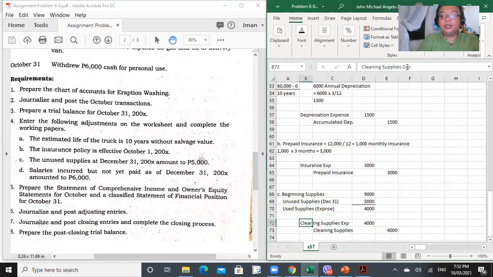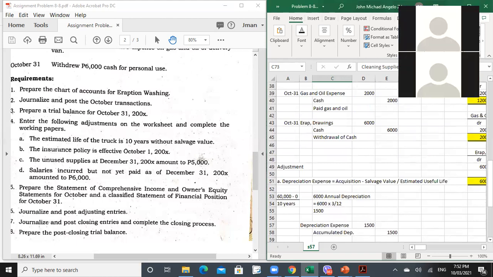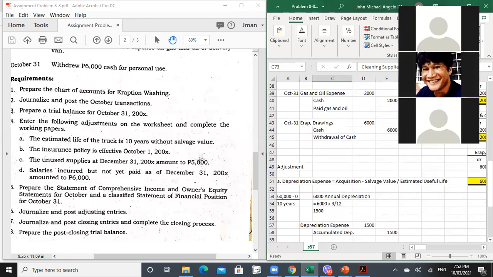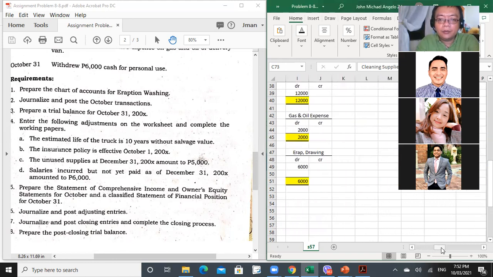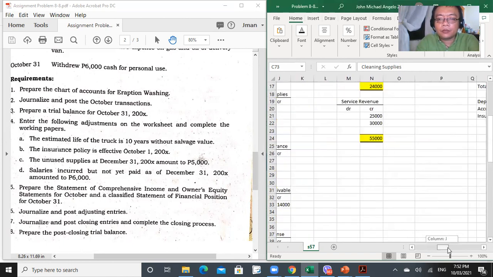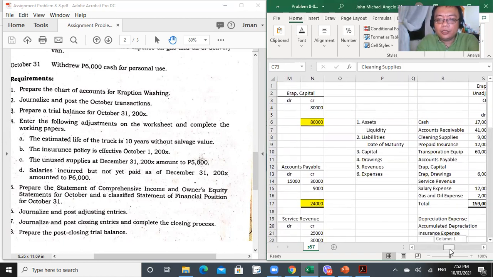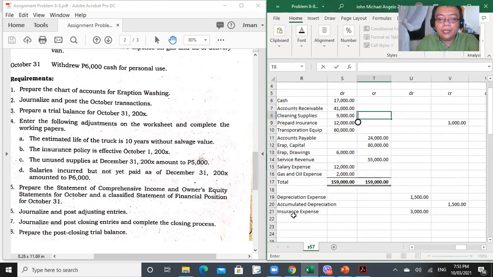And also you have a cleaning supplies credit of 4,000. So you have your cleaning supplies of 4,000, and we will also put here cleaning supplies expense.